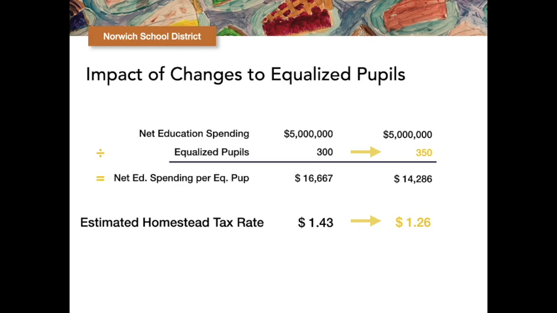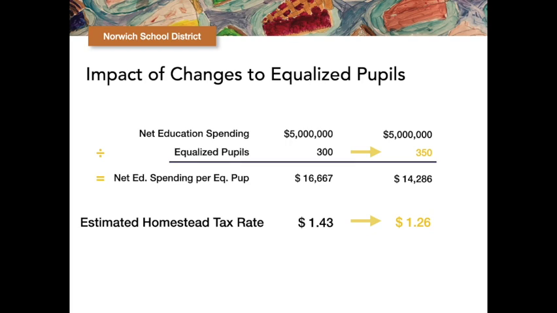If their equalized pupil count changes to 350 as a result of the new weights, their per pupil spending drops to $14,286, and the resulting tax rate drops to $1.26, a change of 17 cents.